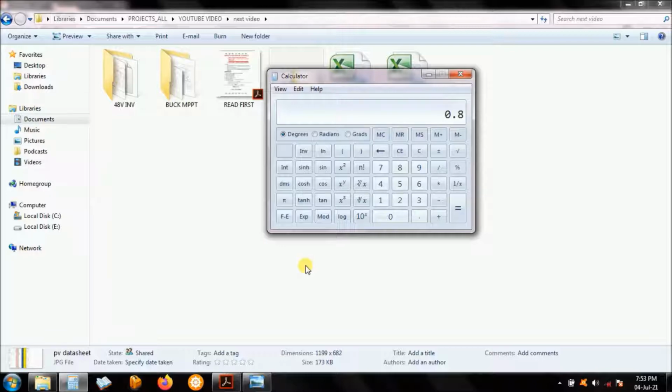So when you do not have a maximum power point tracker, it's like you buy 5 modules and you use only 4. The fifth one, you actually do not use it. So that's the loss that you have. It's around 20% loss.